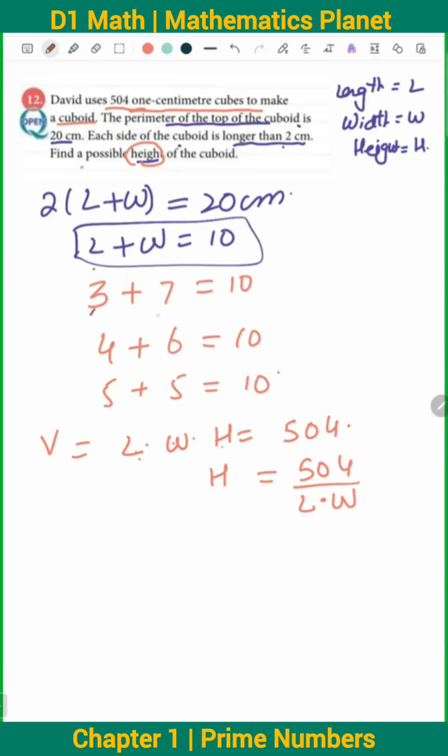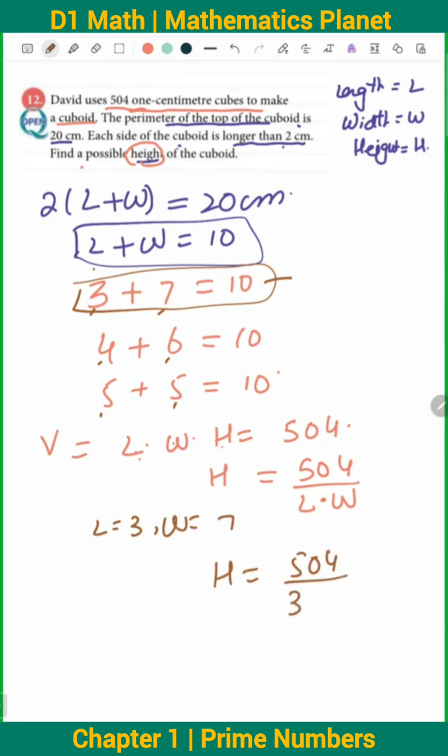Students, you can see we have possible values of length and width. Taking the first possible value, 3 and 7: if L is equal to 3 and W is equal to 7, what will be the height? Height will be 504 divided by 3 times 7. What will you get? 24 centimeters.